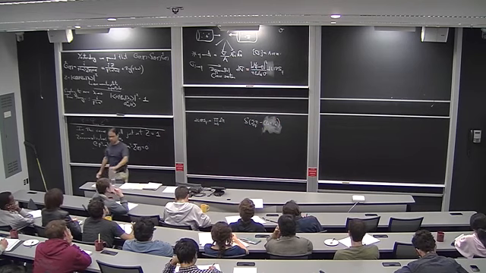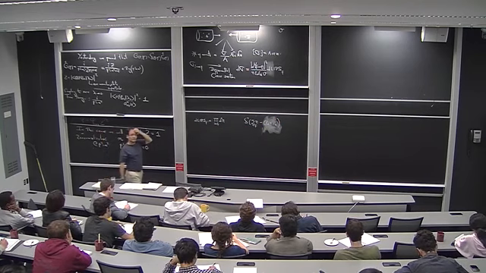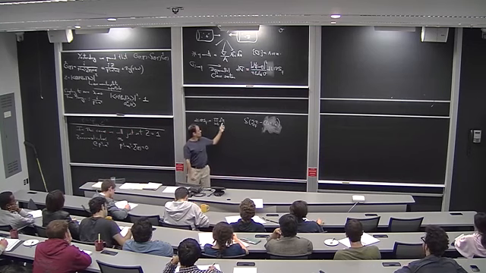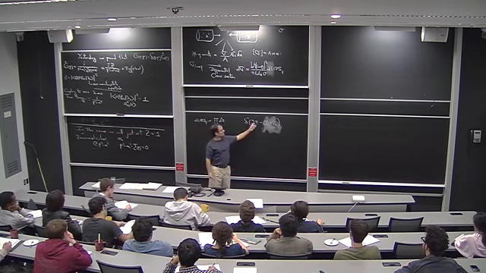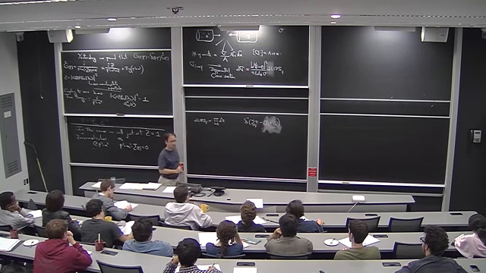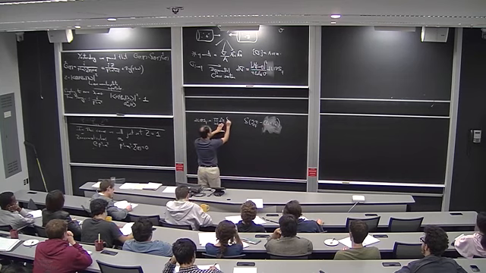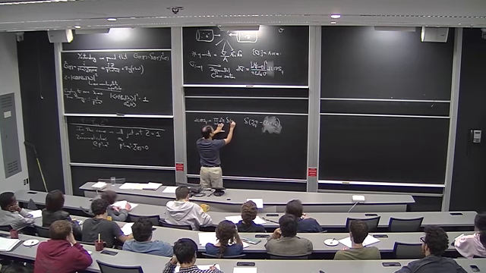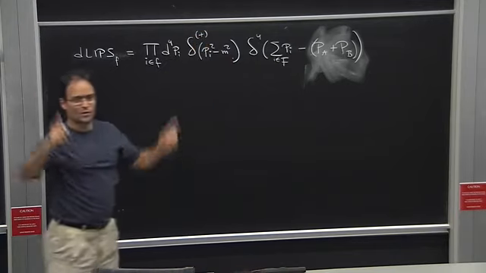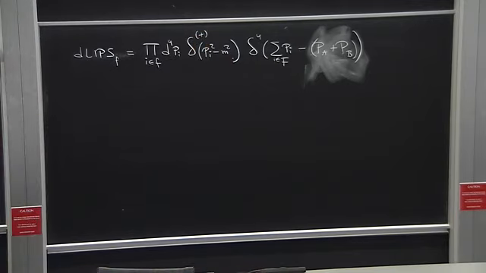And what else? Is this a complete phase space? We're getting closer. But can any momenta that add up to this PA plus PB be fine? Are those physical quantities? They have to be on shell, each one of them. And they have to go into the future.